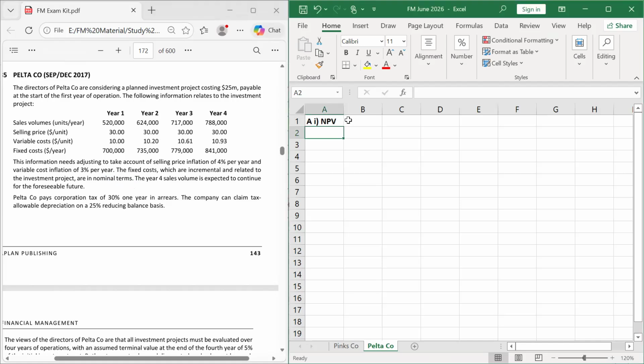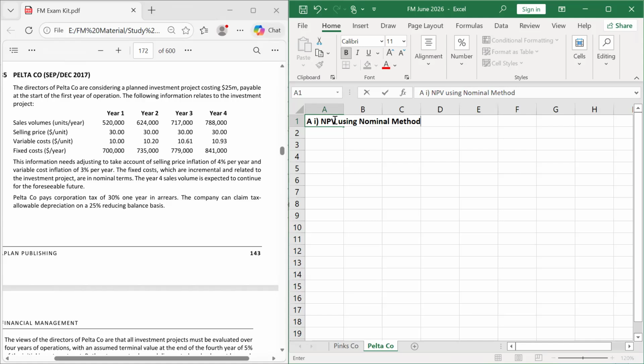So it means we have to use NPV using the nominal method. Again, nominal method and money method mean the same thing.